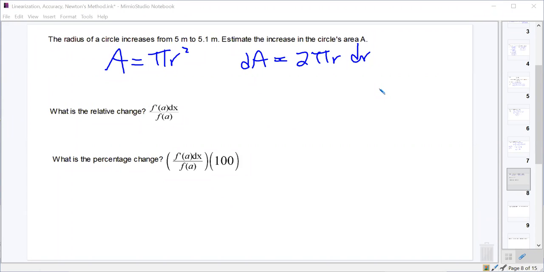Okay. So then all we have to do is plug in the values that we've got. We know that our original radius was 5. So our change in our area should be 2 pi times our original value of 5 times our dr, which is the change in our radius of 0.1, which tells us that the change in the area should be about what?